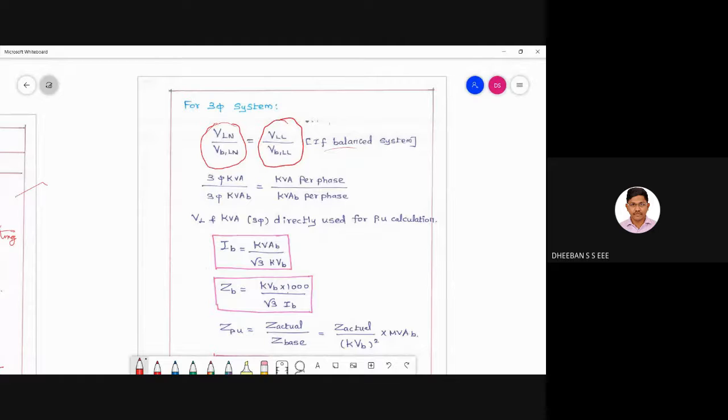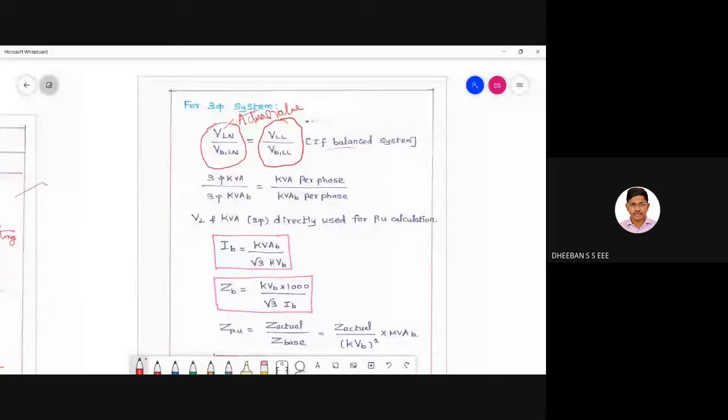If you are considering the phase voltage actual value, then it is mandatory to represent the base value also in the phase representation.